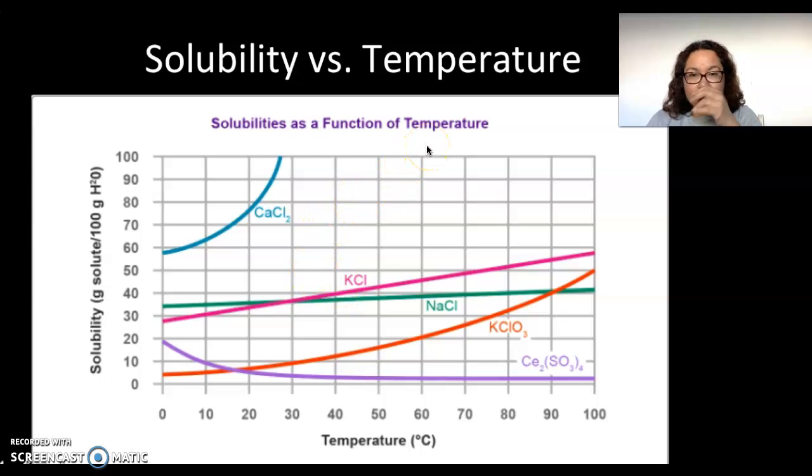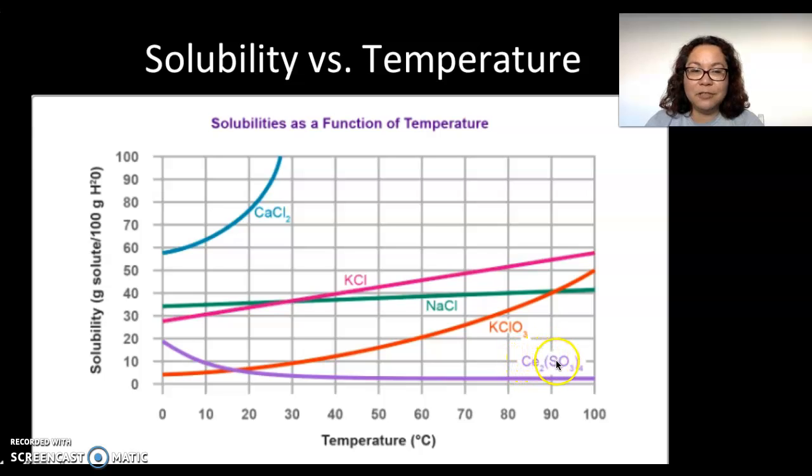Now the solubility curve shows the amount of solute that can be dissolved in 100 grams of water at increasing temperature. In general, if you take a look at this, the solubility in water increases as temperature increases. It happens except for one compound, this compound here.